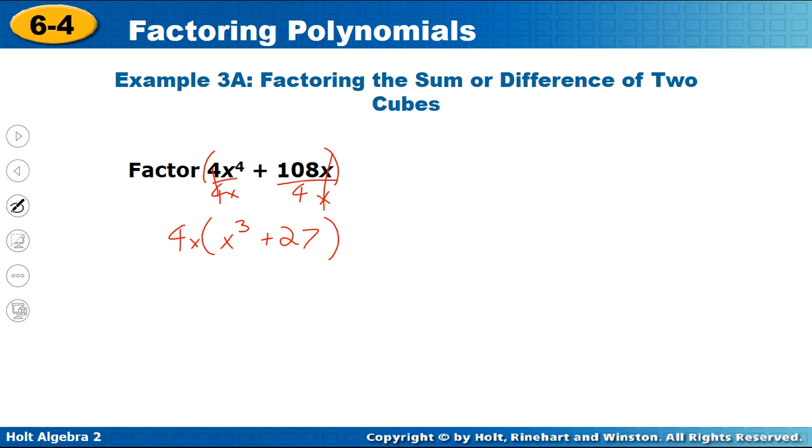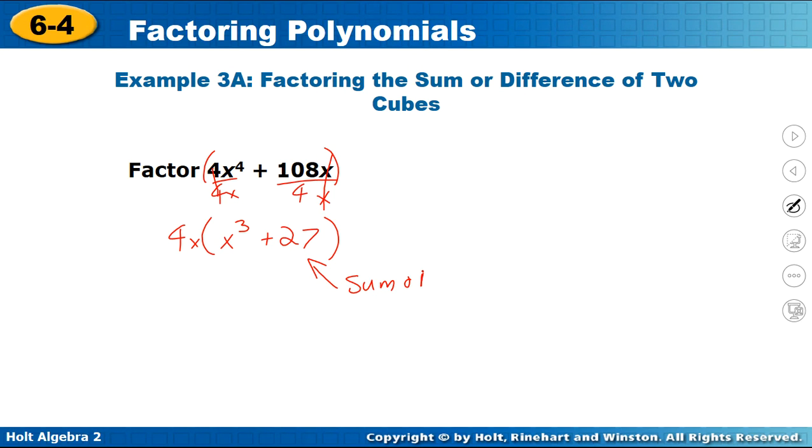You might think we're done once we factor the GCF, but x to the third plus 27 is a sum of two cubes. So it's probably helpful to memorize what perfect cubes are before we factor this. Let's go ahead and make a list of perfect cubes, shall we? And then we'll come back to factoring. Because how are you going to recognize perfect cubes unless you have something to go by? So, perfect cubes.